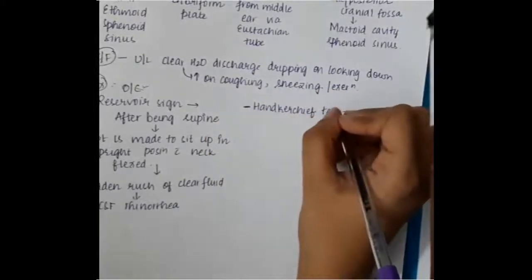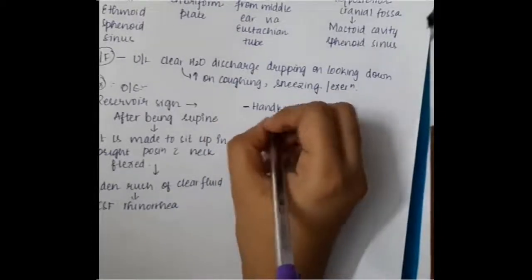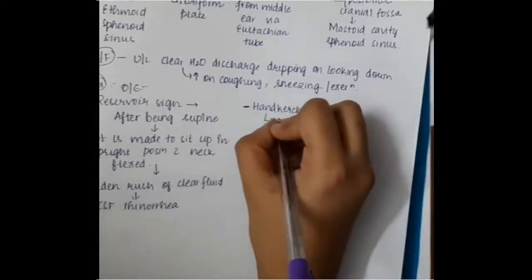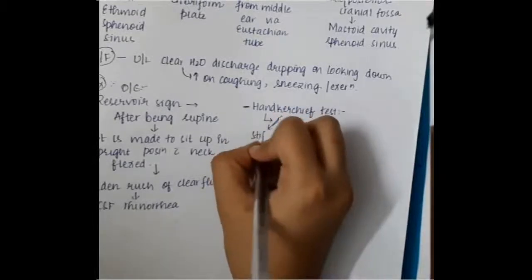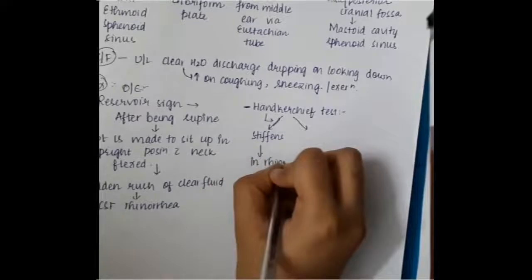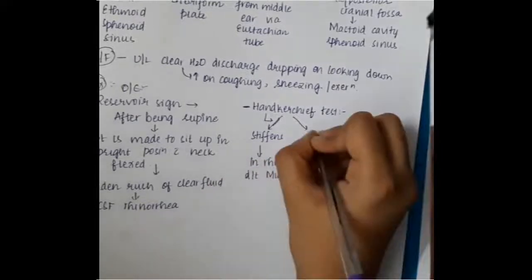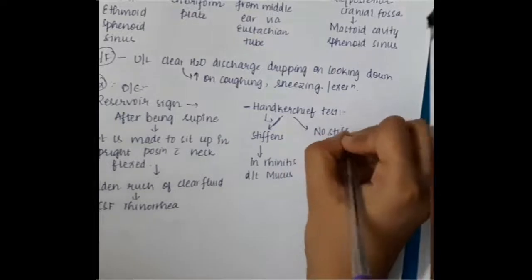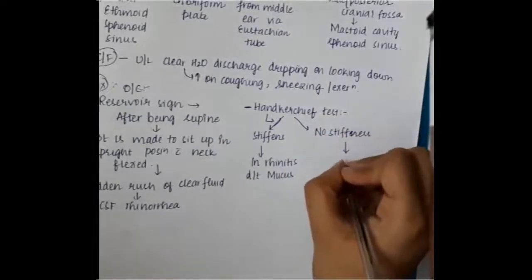Then we have the handkerchief test. In this test, you put the secretions on the handkerchief. If the handkerchief stiffens, then it is due to rhinitis from mucosa, and if there is no stiffness, then it is due to CSF rhinorrhea.